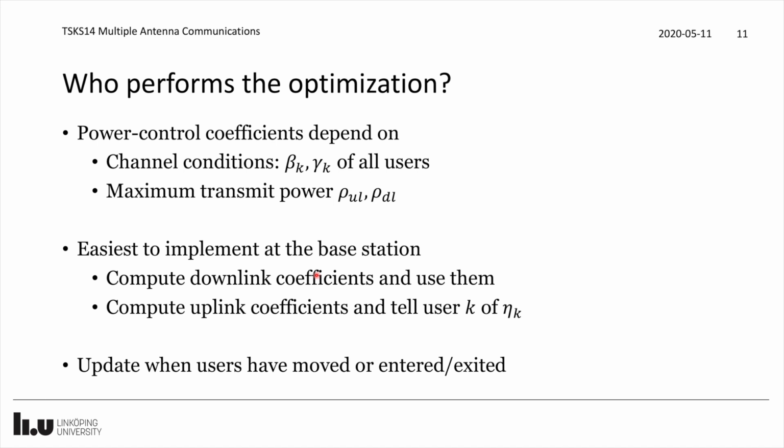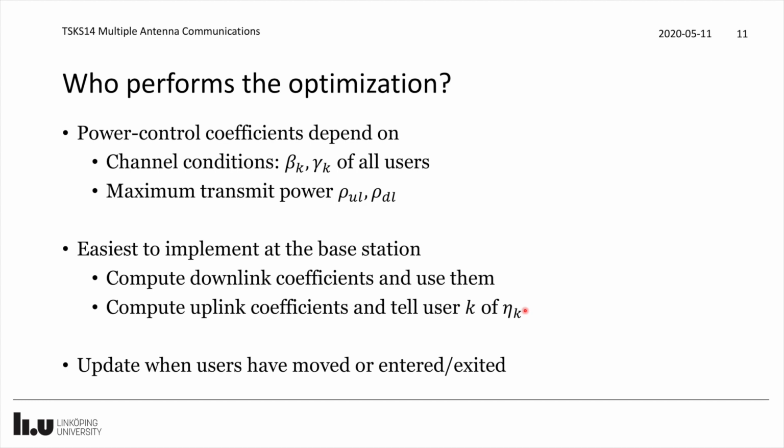But that is everything that the users need to know. And then the exact values of the power control coefficients is something that only the base station needs to know. In the uplink, the base station can still compute all of the uplink power control coefficients, and then it tells user k what eta k is going to be, and also what SINR bar we're going to achieve in the cell so that it can adapt the modulation format to that one.